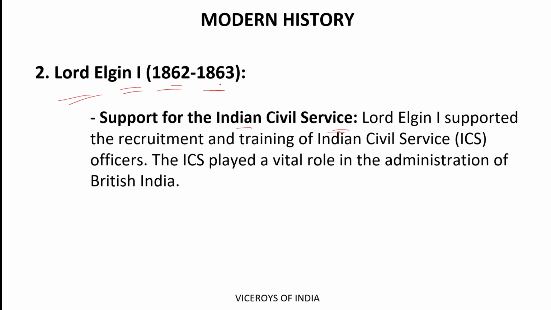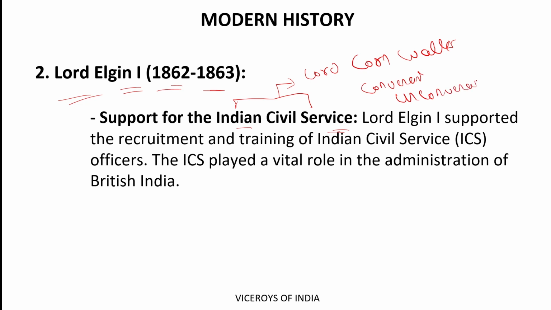As we know, the Indian Civil Services were basically introduced by Lord Cornwallis as covenanted and uncovenanted. That was the criteria. The covenanted were for the British officers and for the higher positions. The uncovenanted were basically for Indians and for the low positions.